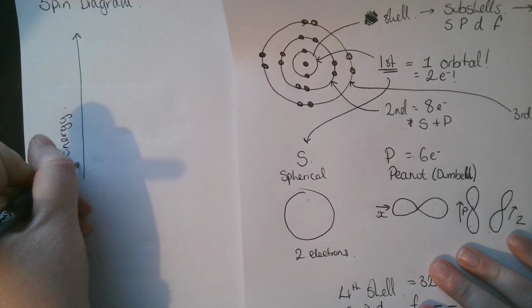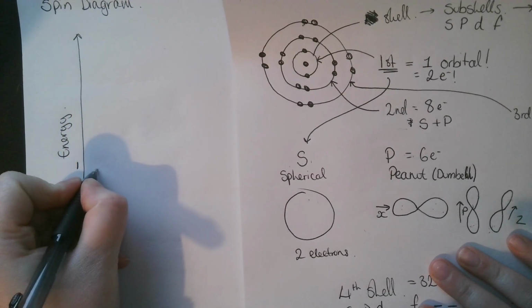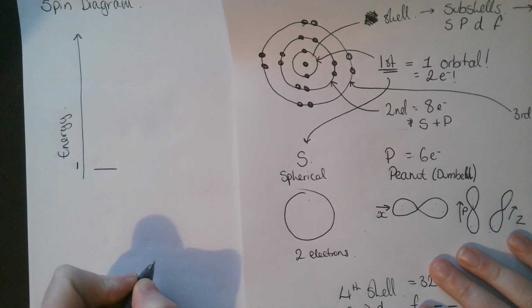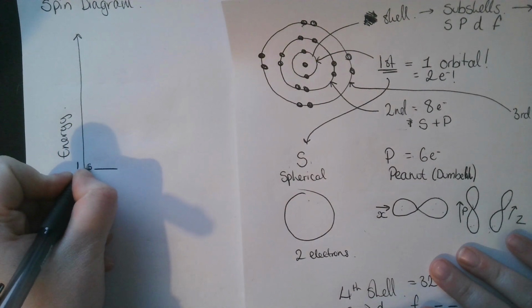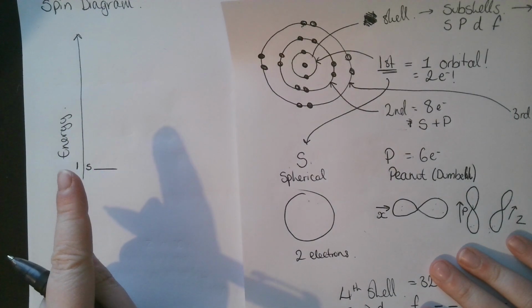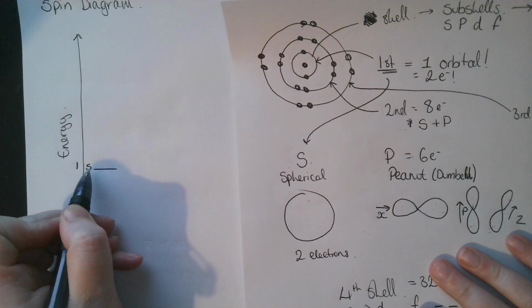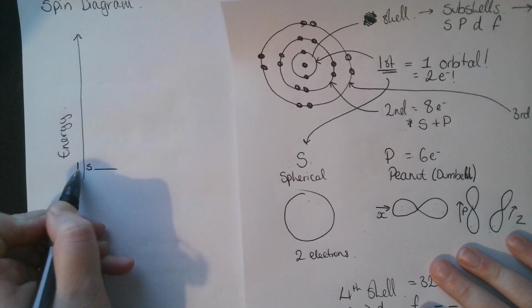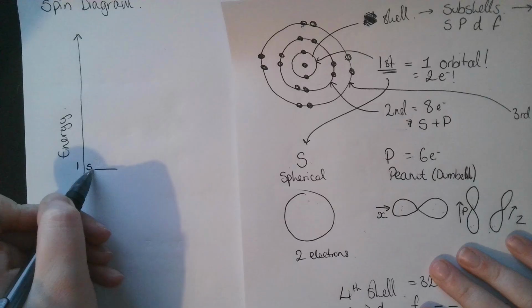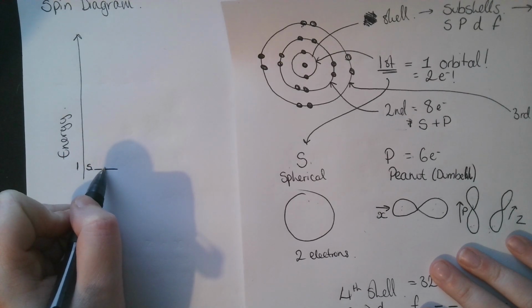So, for the first shell, number 1, we're just going to show it as a line. That line represents one orbital. So that's an S. So first energy level, S subshell, we have an orbital.